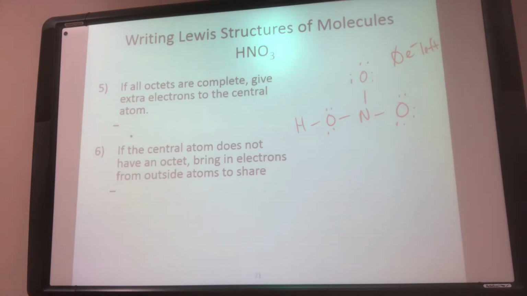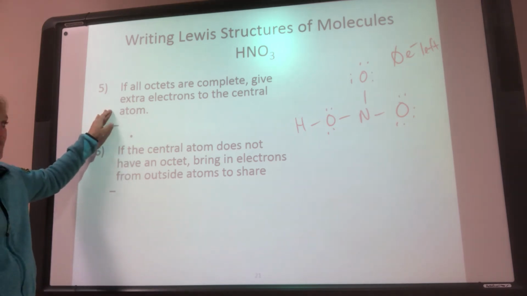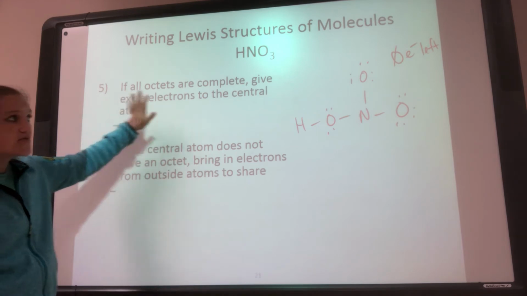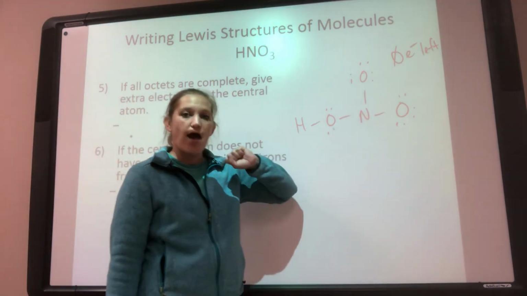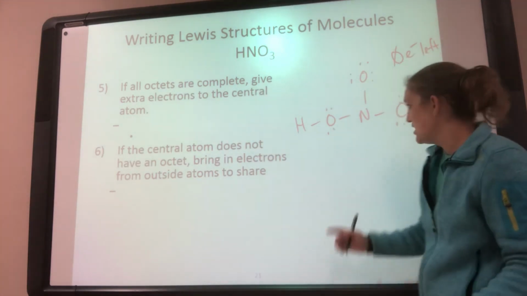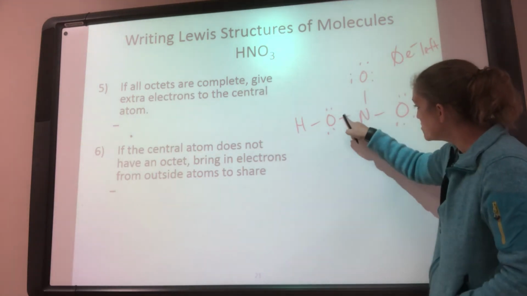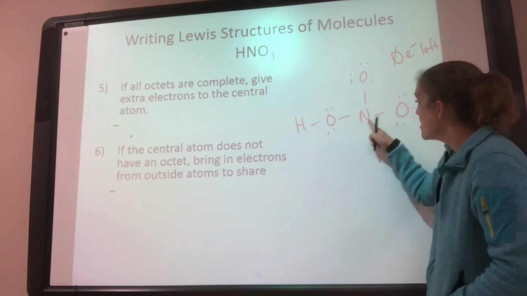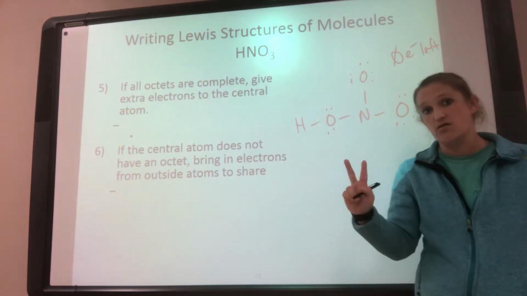So this is where we have to decide how we do it. If all the octets are happy and we have electrons left, step 5 says to give them to the central guy. So let's look at nitrogen. Is he happy? Is he complete? He wants 8. He has 1, 2, 3, 4, 5, 6, so he wants 2 more electrons.